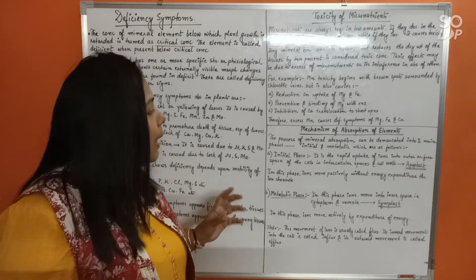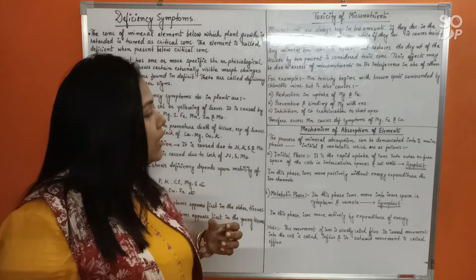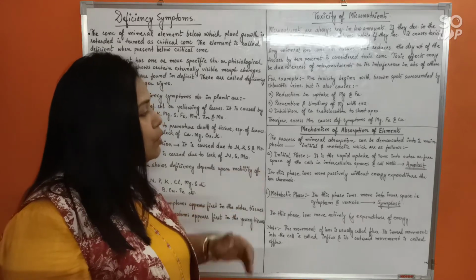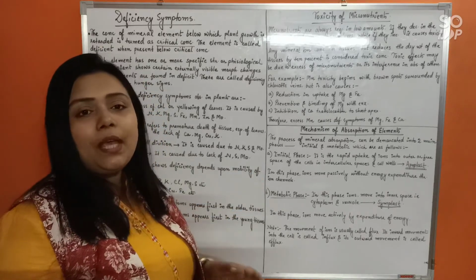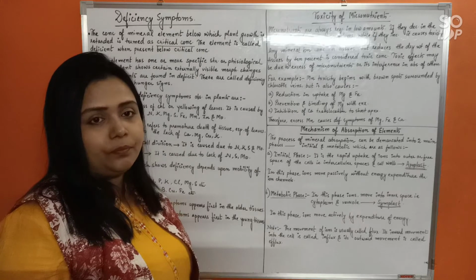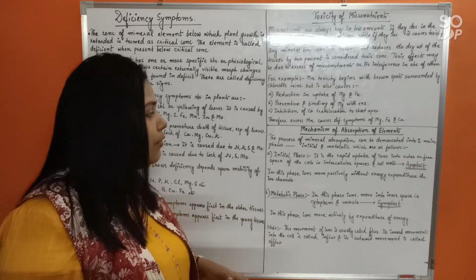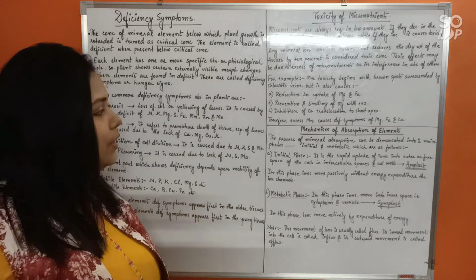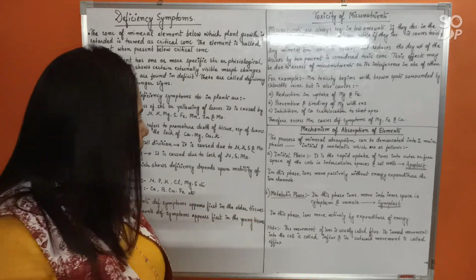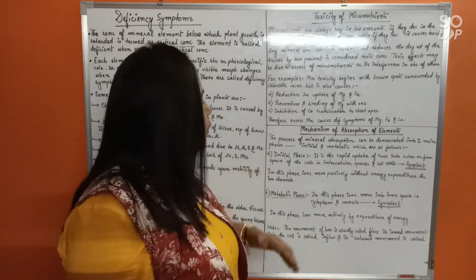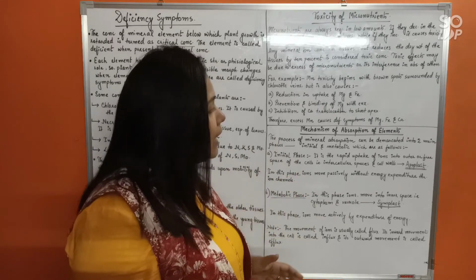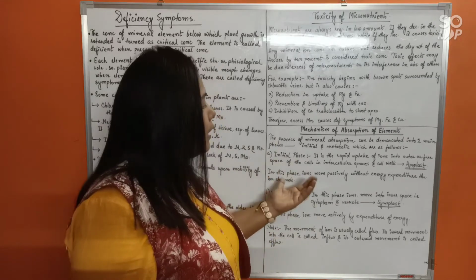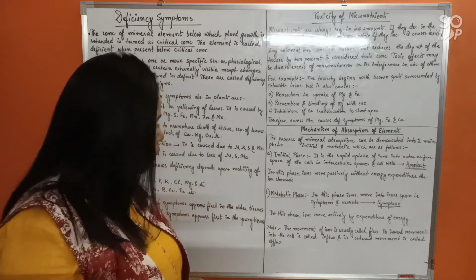Okay, so by that kind of study, it has been found out that mineral absorption in a plant body occurs via two phases. The first phase is called the initial phase and the second phase is called the metabolic phase. So let us study them here in this topic. Now, the process of mineral absorption can be demarcated into two main phases, initial and metabolic phase, which are as follows.